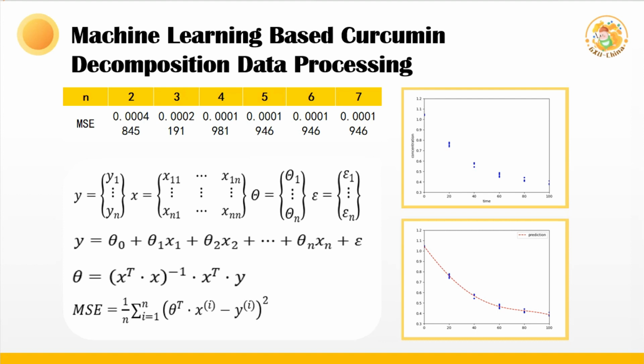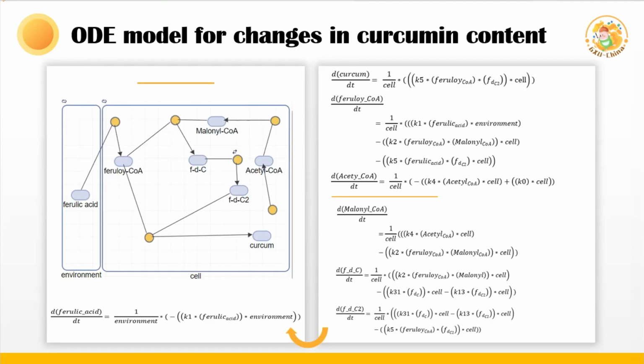Firstly, we constructed a mathematical expression for polynomial fitting to find the time under different dimensions, expanded our data volume, used Python to fit the curve, found the optimum number of dimensions, and obtained the final analytical expression. We defined a metabolic pathway diagram, set internal parameters, verified the correctness of the model, and finally exported it.